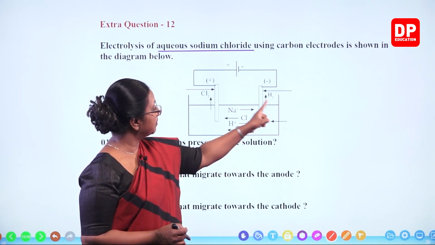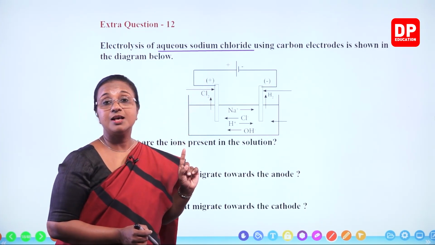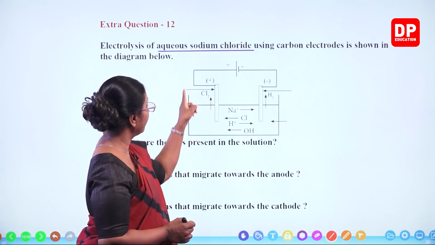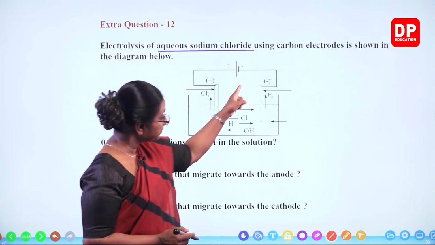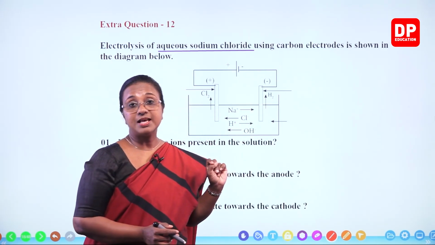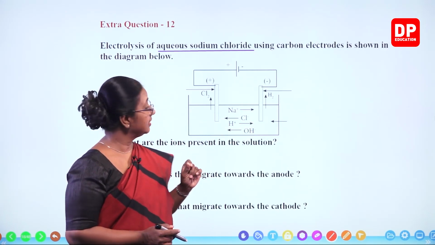But you can see the products are shown there. At the positive electrode, chloride ions get oxidized, forming chlorine gas. At the negative electrode, it is the H+ ions that get reduced and become hydrogen gas.